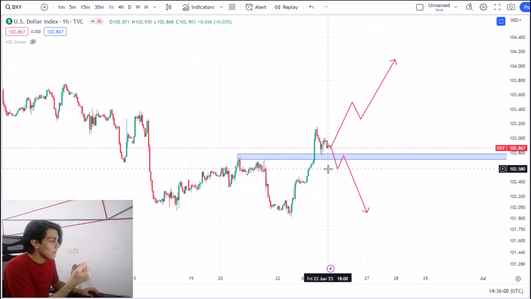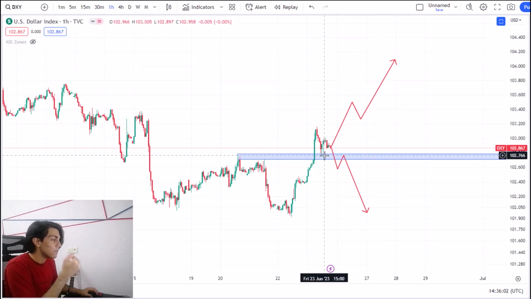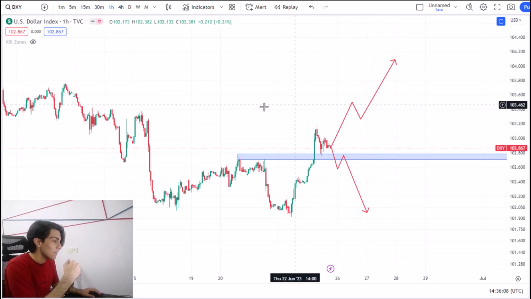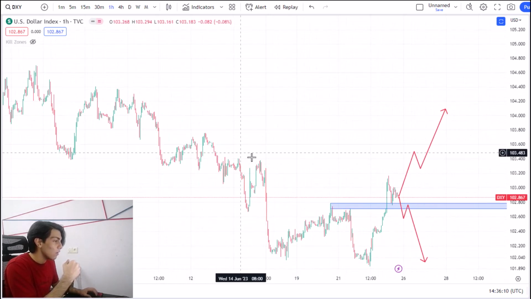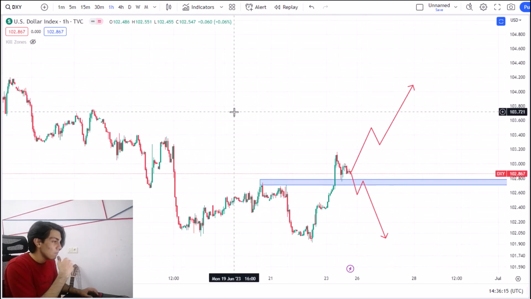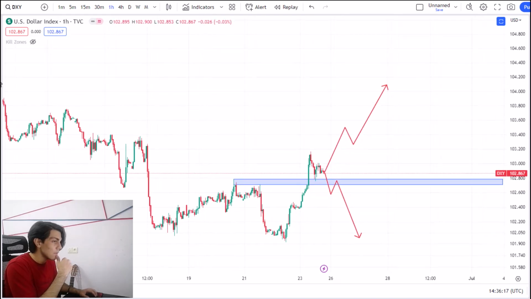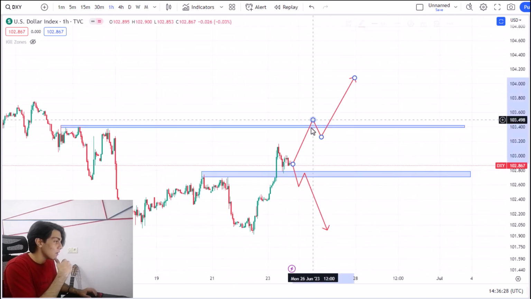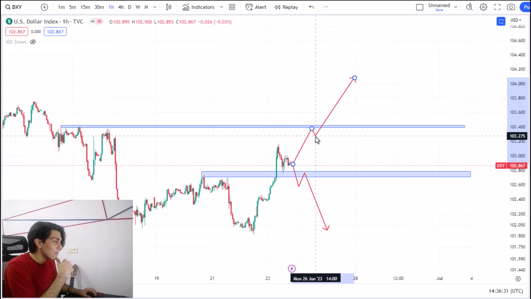But if that doesn't happen, and if you see the resistance so powerful, it might pull itself up to the upside and get all of this liquidity right above these levels. And the level that I'm most afraid of is this level right up here. This level holds a lot of money, so what may happen is this one.